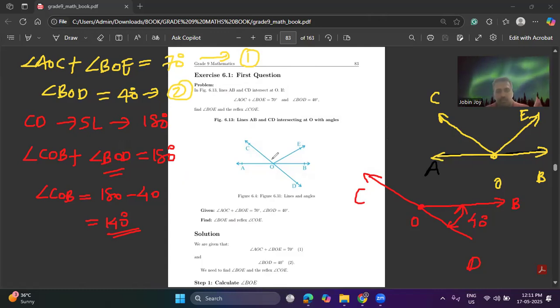So this angle COB is 140, because this angle is 40 degree and the total angle is 180 degree, right? Okay, so what next?